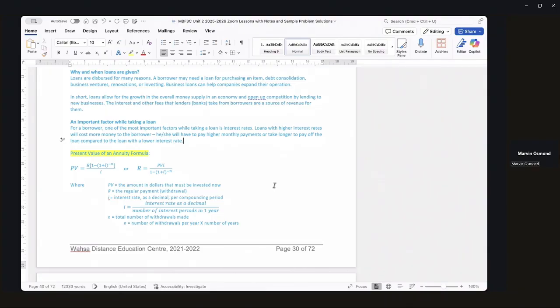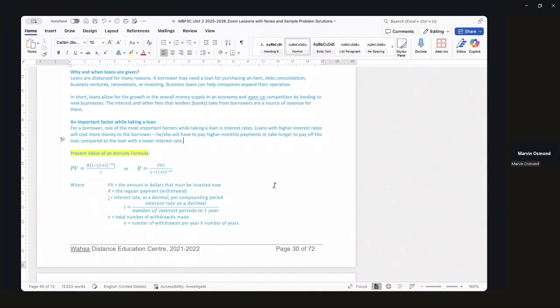So if I wanted to know how much money I would have to start with now, how much money I would have to borrow now based on making monthly payments, I would use that formula. But this would be the formula that would most likely be used, the R one. R equals PV, which is present value, times i over 1 minus 1 plus i to the power negative n.